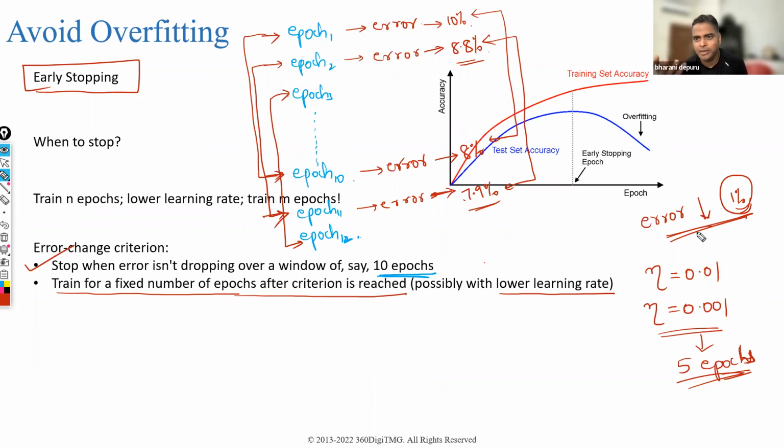Keep changing it, keep experimenting. There's another option wherein if the error change percentage in a window of, say, 10 epochs is less than 1%, then rather than immediately stopping, you might want to run it for another 5 epochs and then stop. Again, that is up to you on how you want to experiment.